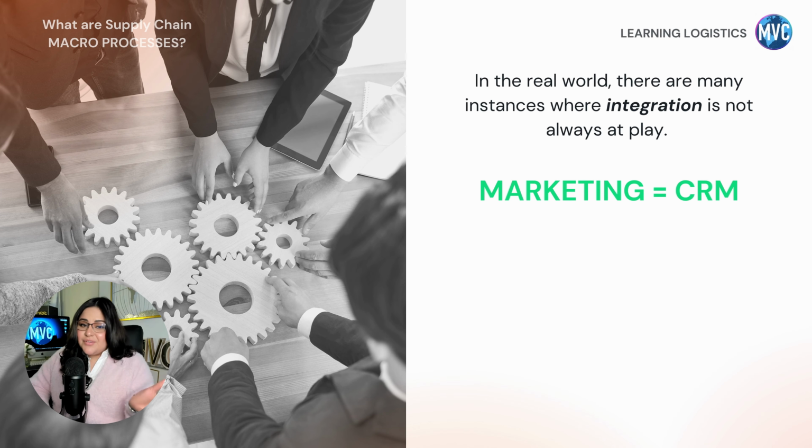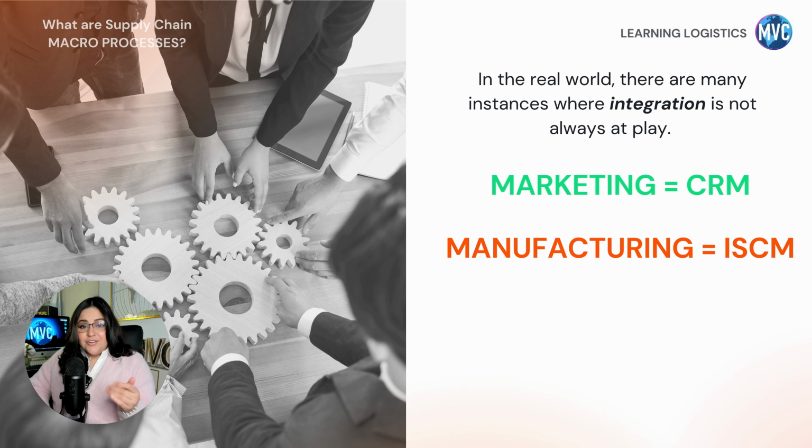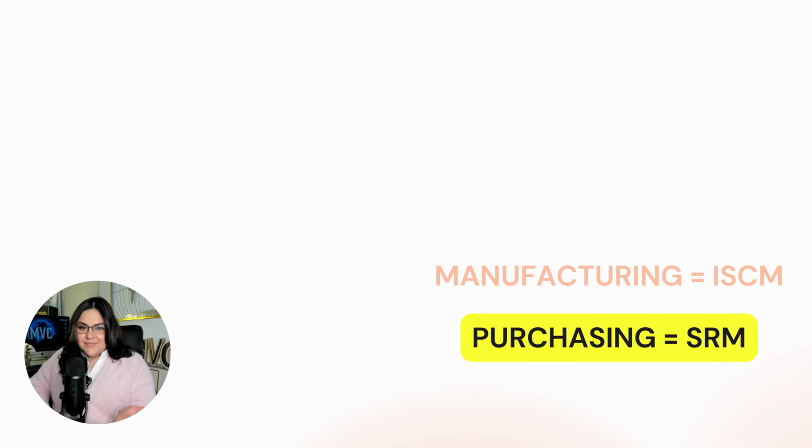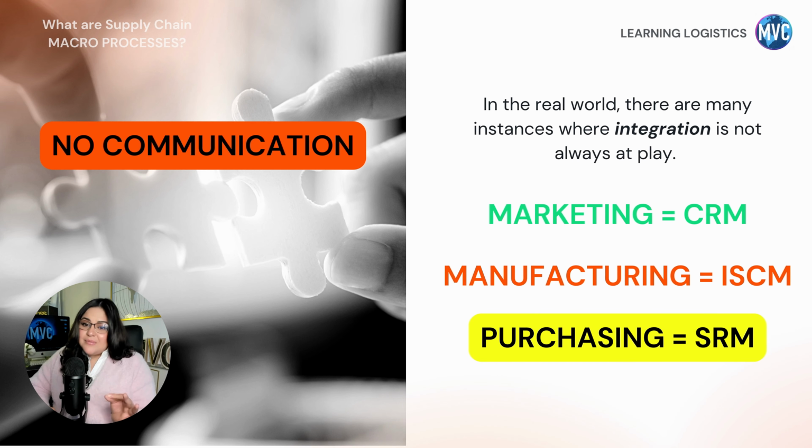For example, in some firms, marketing might be in charge of the customer relationship management macro processes. In others, manufacturing handles the internal supply chain management macro process, while in others, purchasing oversees the supplier relationship management macro processes. The problem is when there is little to no communication among these different elements.